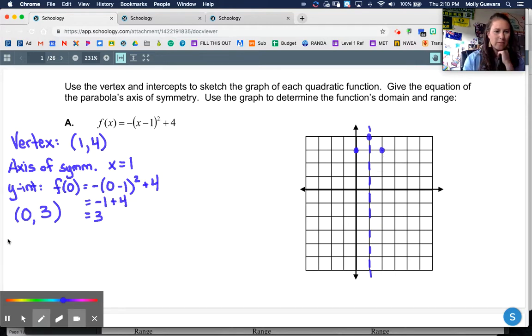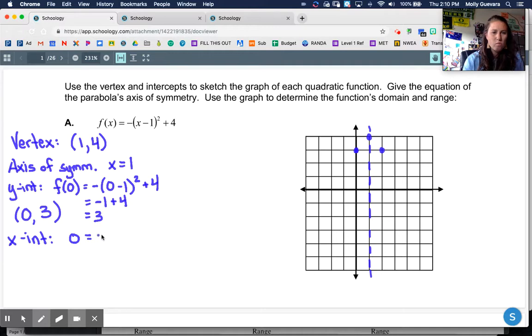All right, and then for the x-intercepts, I guess there's two of them, I'm going to set the equation equal to 0 and then solve. Solving this, I'm going to subtract 4 to the other side.